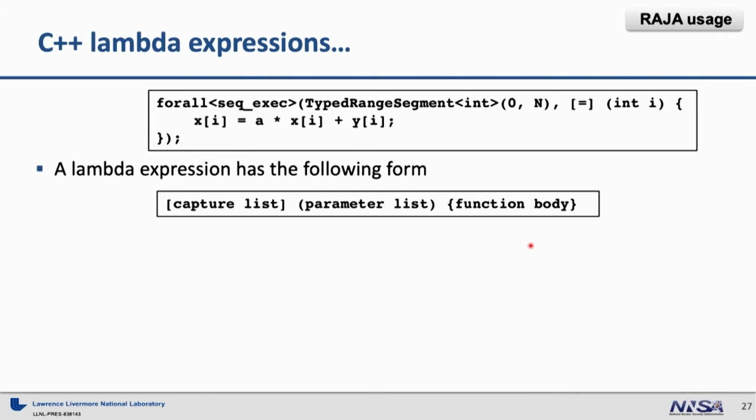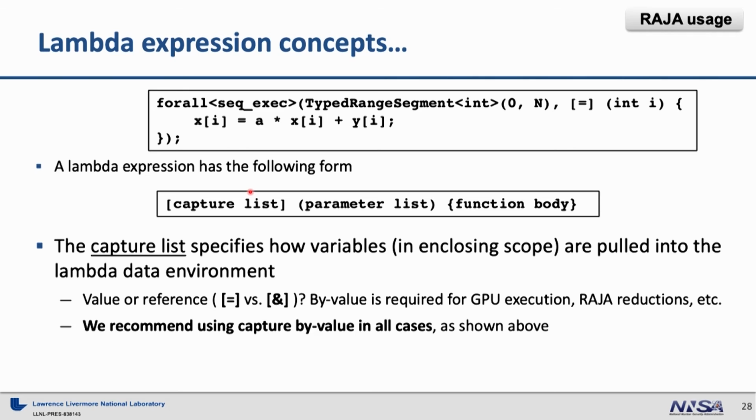Maybe you've seen this before, but a C++ lambda has these three things. It has the function body, which should look pretty familiar, a parameter list, which is like any parameter list for a function. The unique thing that it has is this capture list, which attempts to suck in all of the variables that you need for the lambda in the enclosing scope.